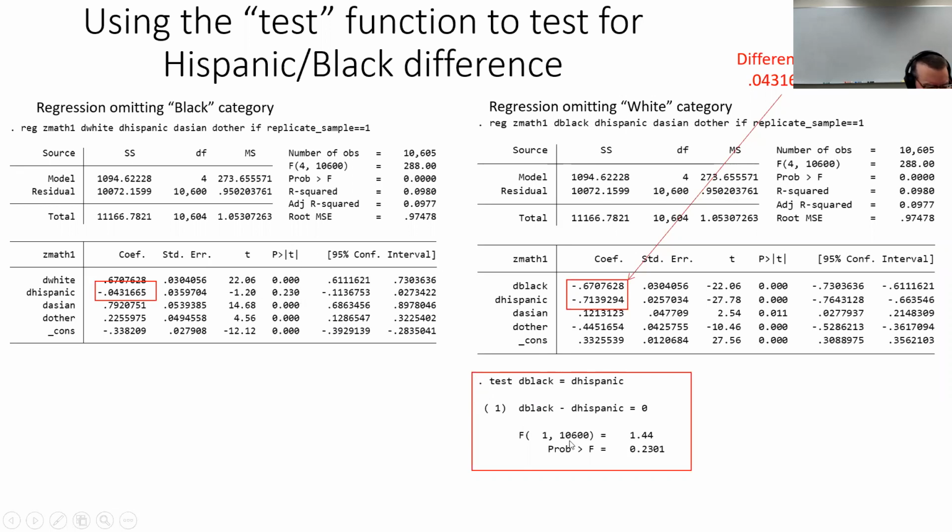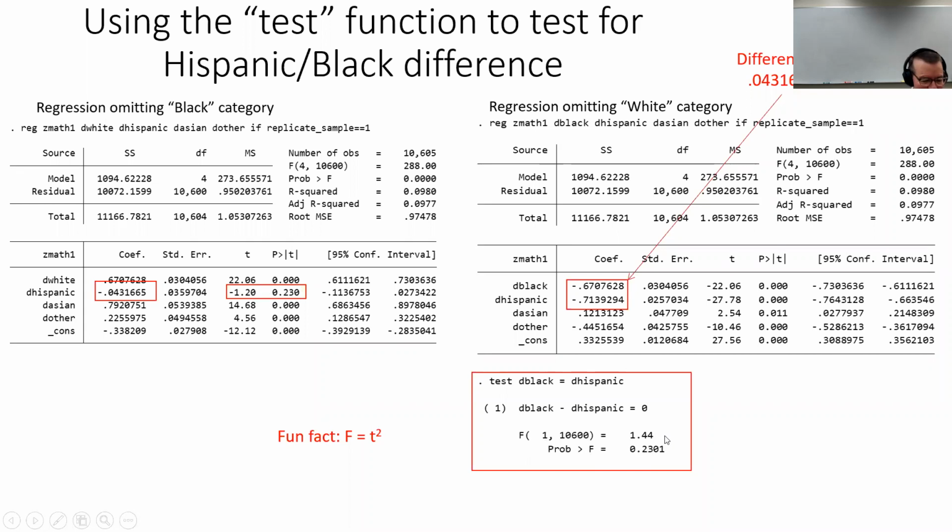The T isn't the same as the F, but one handy fact is that if you look at the T distribution and the F distribution, the square of the T statistic equals the F statistic. So is that true here? Well, the T statistic is 1.2. If you square that, you get 1.44.